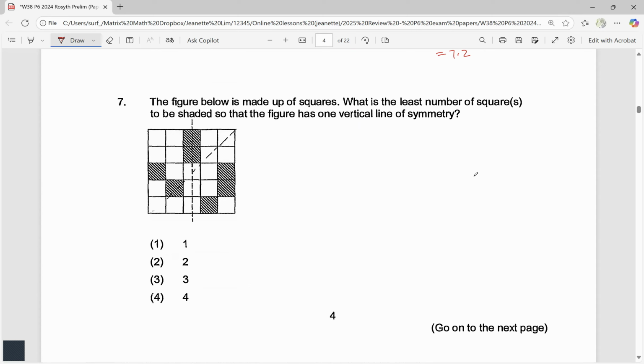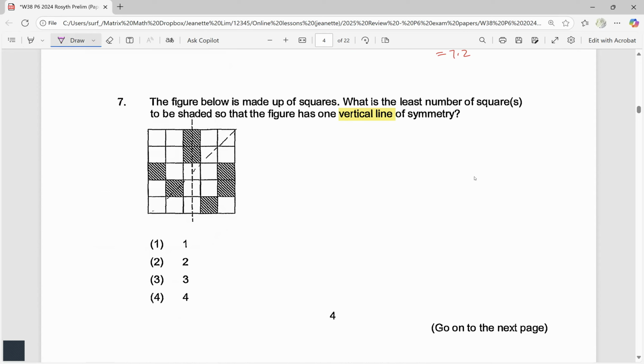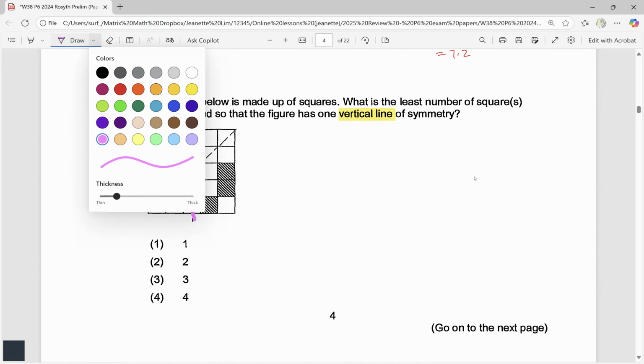Okay, so question number 7, figure below is made up of squares. What is the least number of squares to be shaded so that the figure has one vertical line of symmetry? Now, it's important to note that they're actually asking for a vertical line. So vertical line means that it's a straight line down. So this is the only line of symmetry we're looking at.